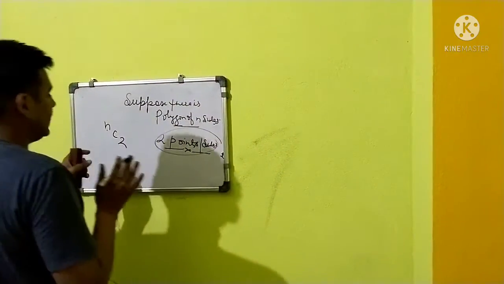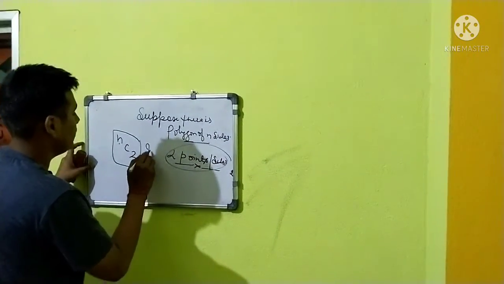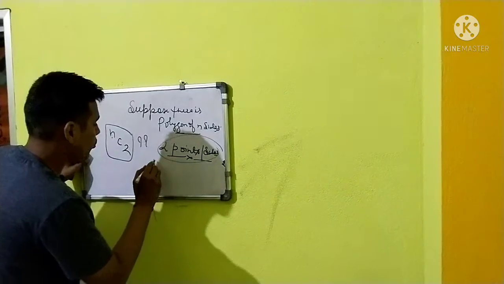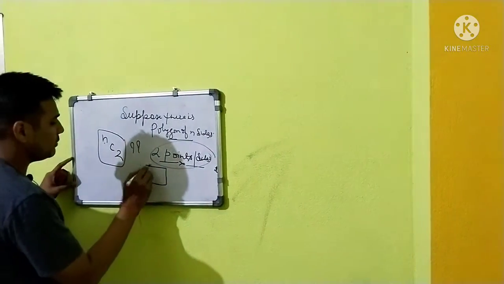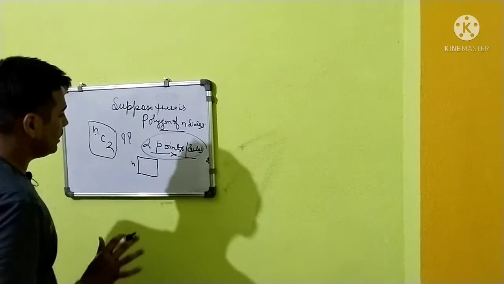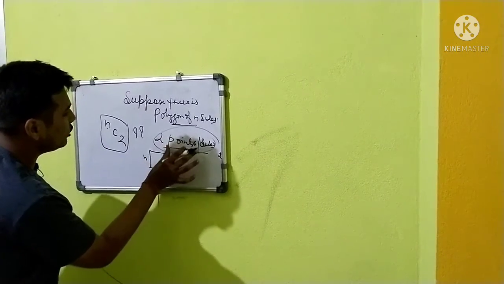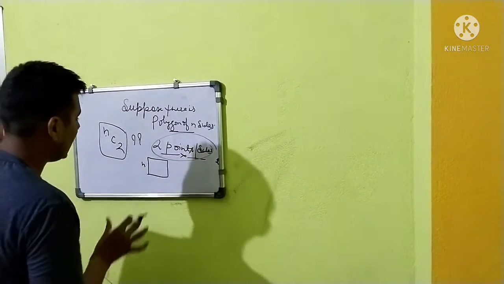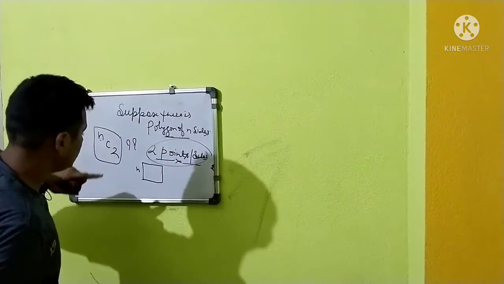But this is not your required answer. Why? Suppose this is your polygon having n sides, and we have to find the diagonal. For selecting the diagonal we need at least 2 points.